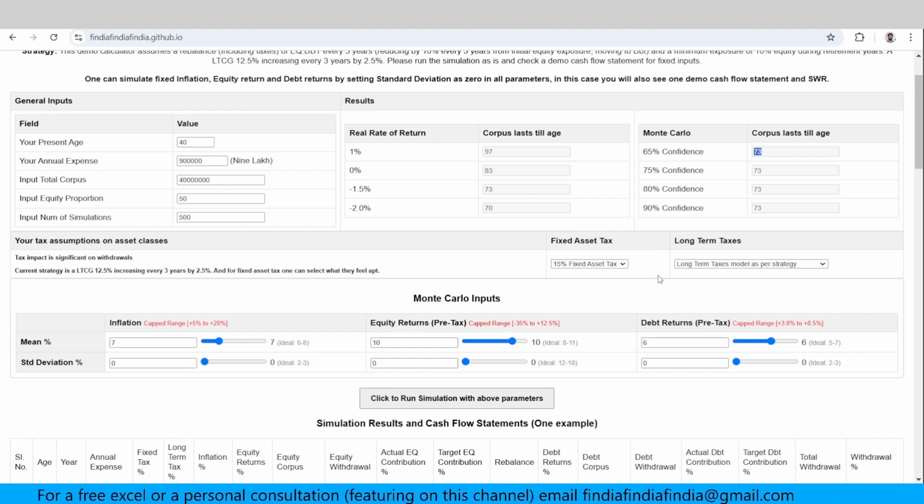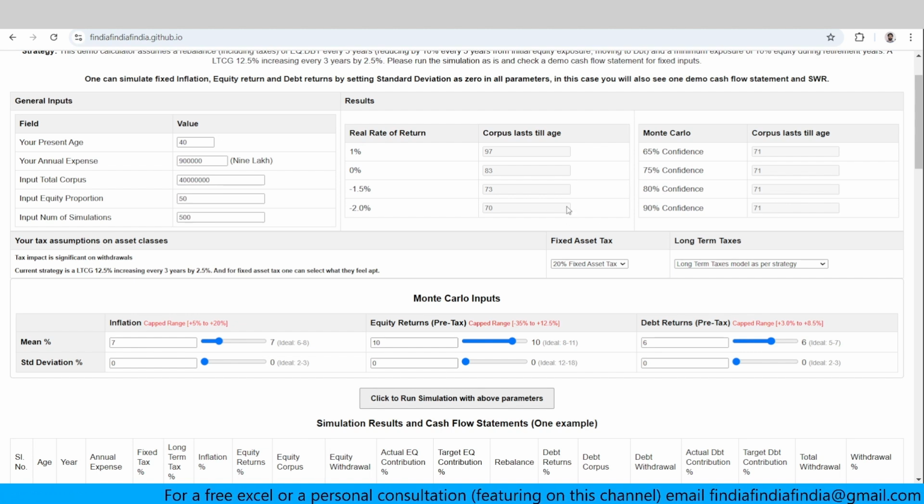Almost a reduction of 13-14% in terms of age. I hope you understand what I'm saying. That's the impact of taxes, my friends. And if I make taxes 20%, this 73 years will become 71 years. I hope you're getting the gravity of the situation for the ones who keep claiming that taxes don't matter.